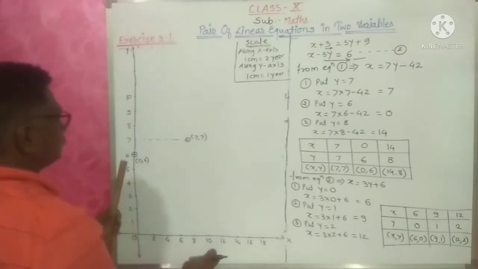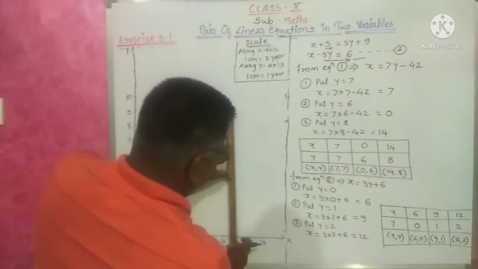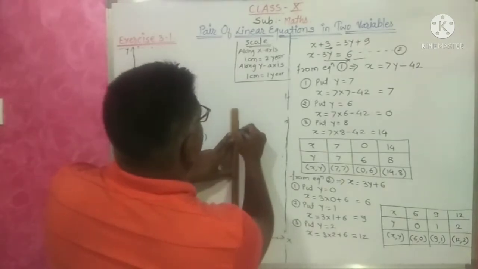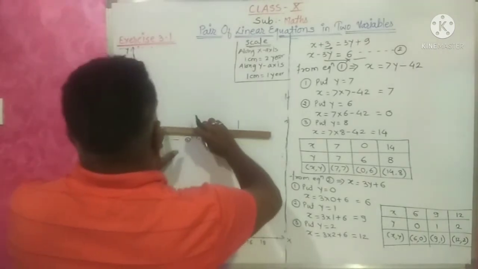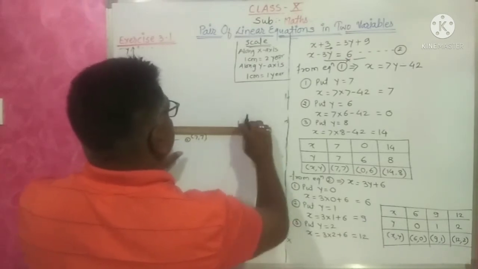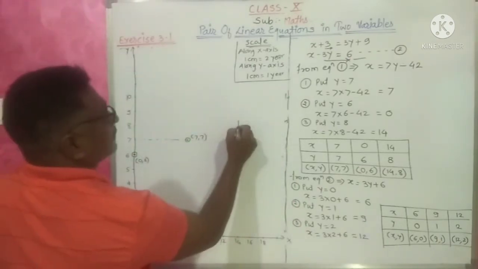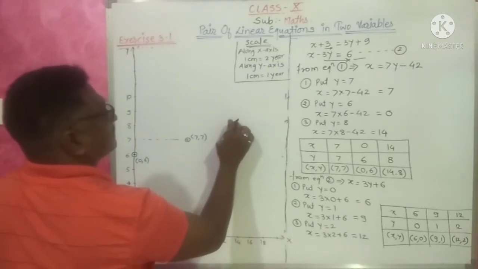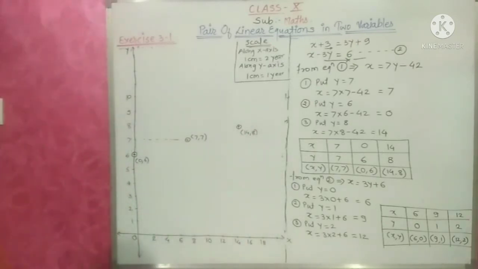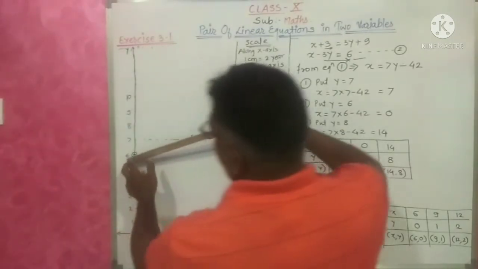14 here. Perpendicular. I think here it will come. So this point is 14, 8. We plot these 3 points. Now we have to draw the line passing through these 3 points in this way.